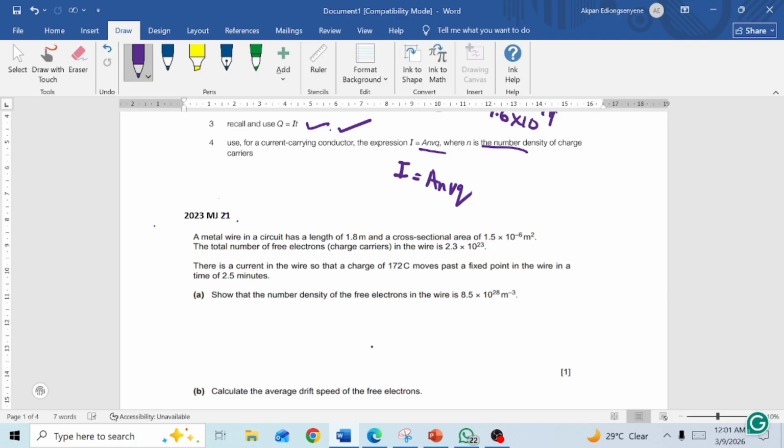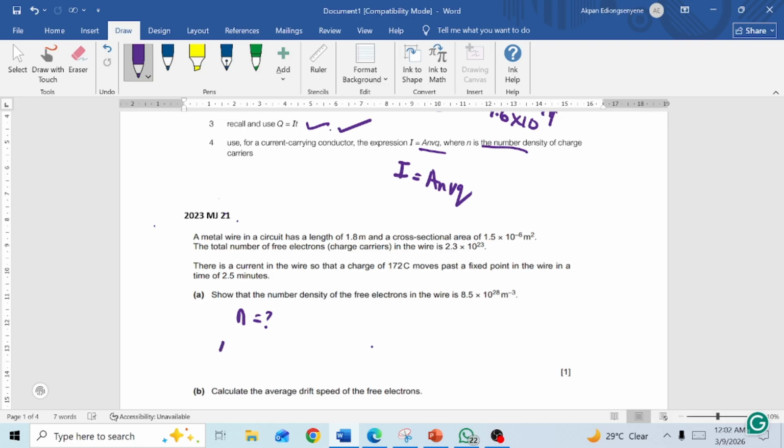There is a current in the wire so that a charge of 172 coulomb moves past a fixed point in the wire in a time of 2.5 minutes. Show that the number density of the free electrons in the wire is 8.5 times 10 to the power of 28 per meter cube. In this question, we are asked to find the number density small n.